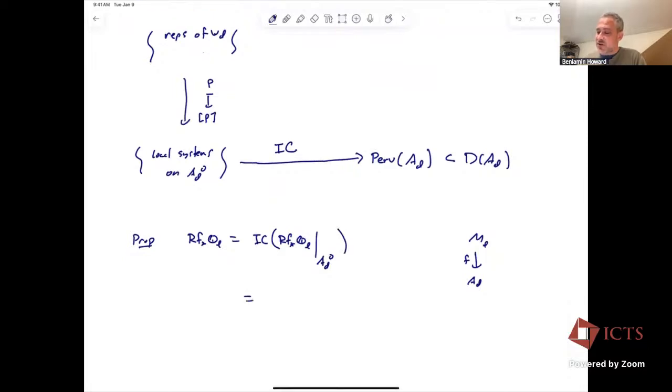But I've just told you what the higher direct image is over the regular semi-simple locus. It's the thing that you get when you apply this functor over here to this nice, very pleasant representation.